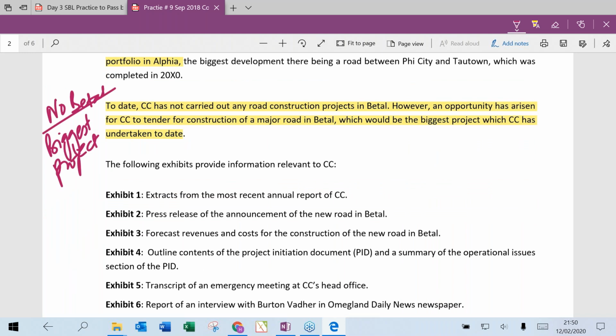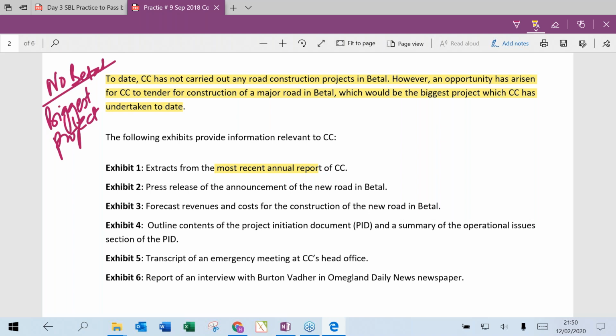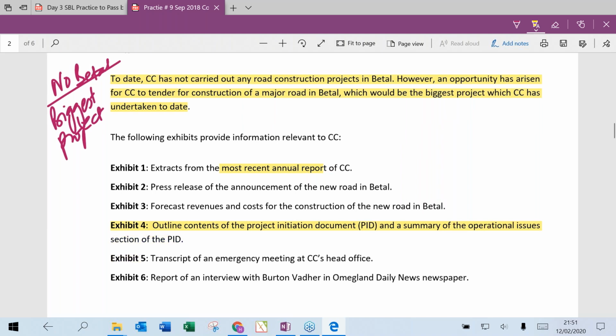Extract from the most recent annual report. I think this would be one to many. Annual report generally consists of a lot of information. Press release on the announcement of new road in Beetle sounds like one to one, very specific. Forecast revenues and costs, one to one. Outline contents of a project initiation document and a summary of operational issues section of the PID.